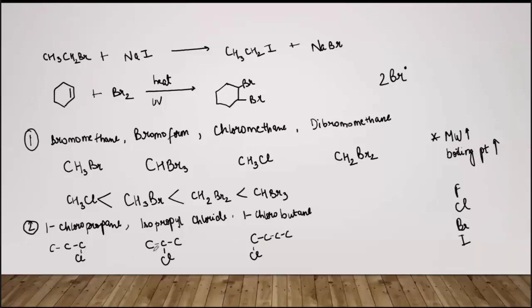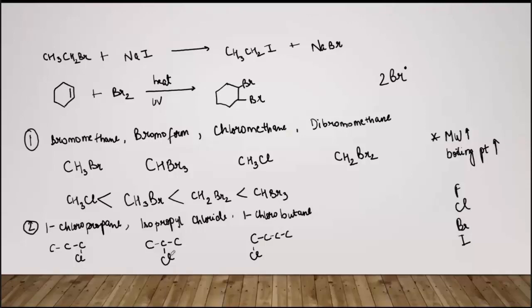So one thing is clear that both these compounds have 3 carbon atoms and this one has 4 carbon atoms. So this last one, that is 1 chlorobutane, will have the highest boiling point. That is clear. Now we have to arrange the first two.